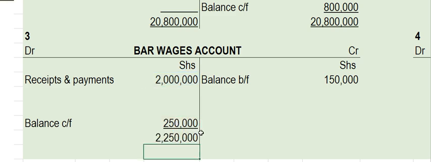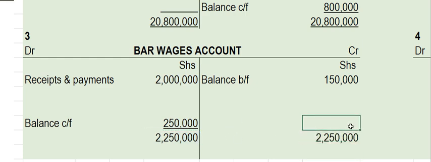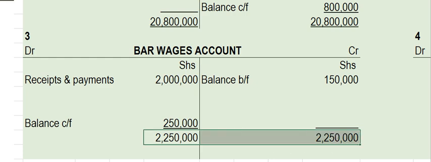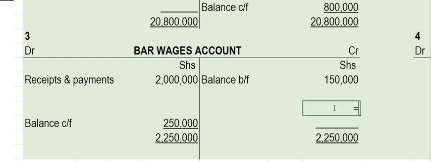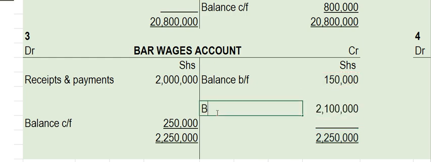So when I try to balance this account, you will see that the balancing figure is 2.1, and this now represents the bar wages expense.